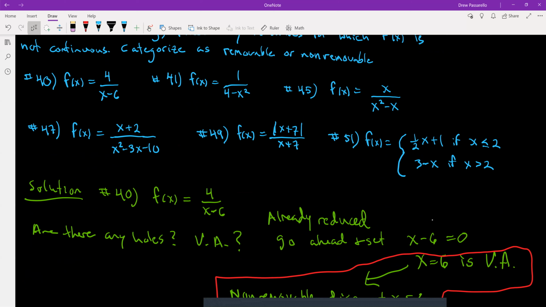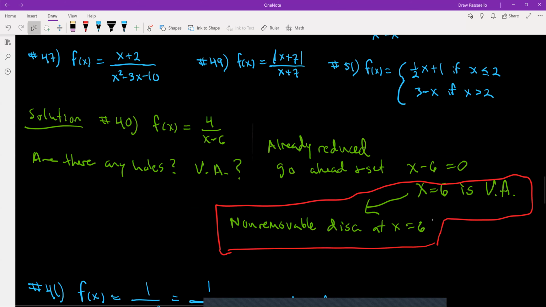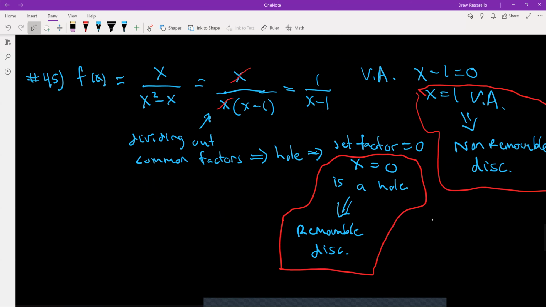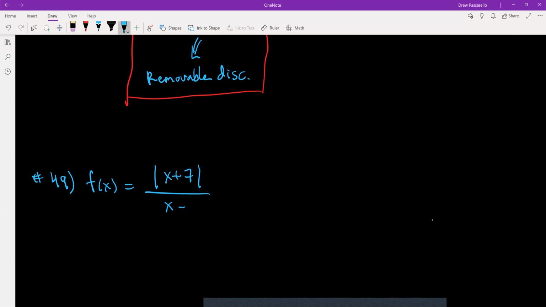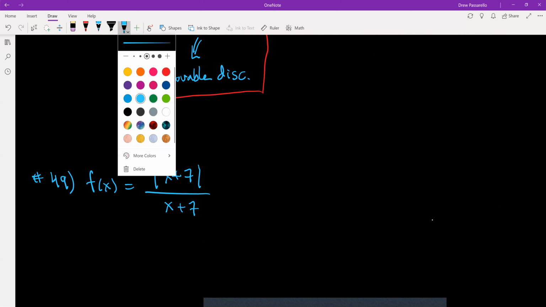So 49 is the absolute value of x plus 7 over x plus 7. You have to recall the definition of absolute value.